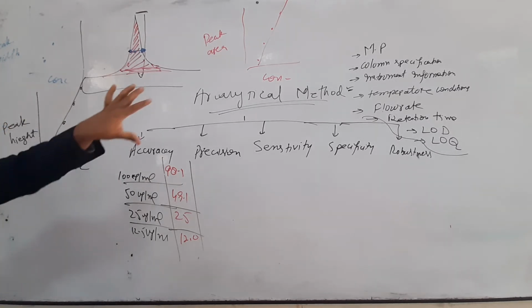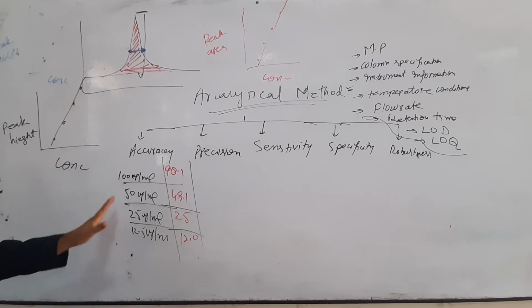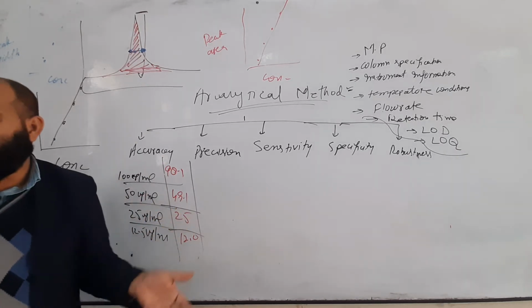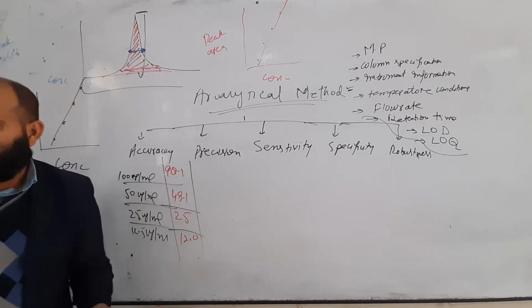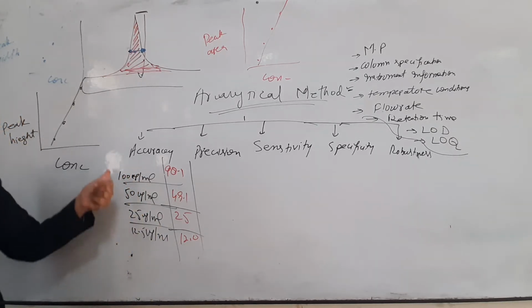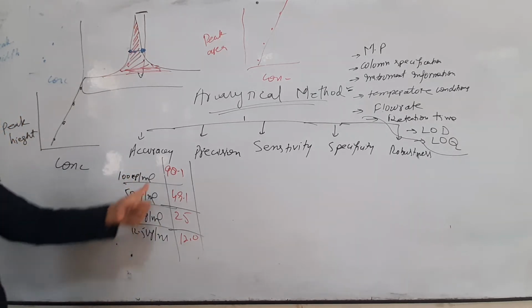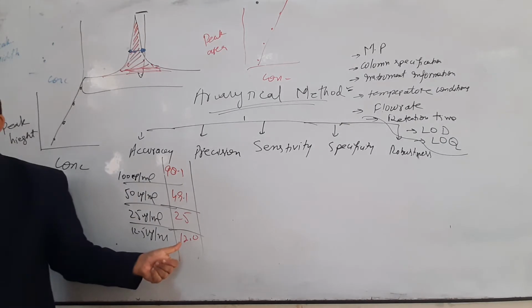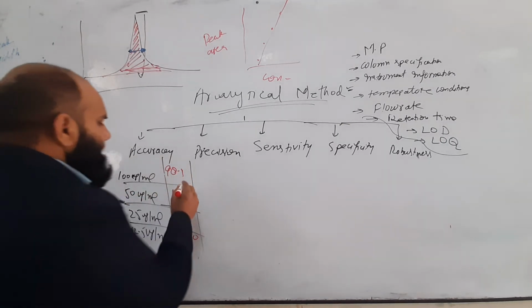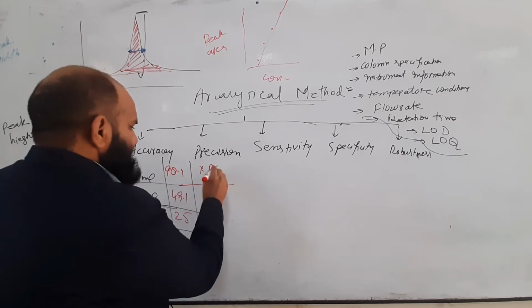Okay, by taking the standard curve, we will check how much concentration we are getting back by applying the method. These are the values which we have prepared ourselves. These are the results which we have calculated by using the linearity curve. Now we will calculate the percentage RSD.